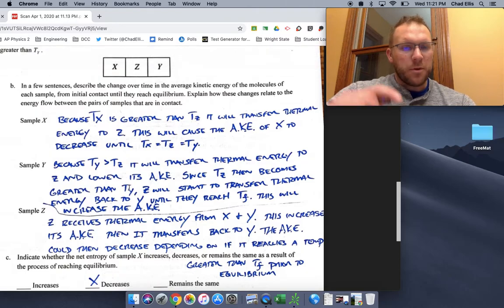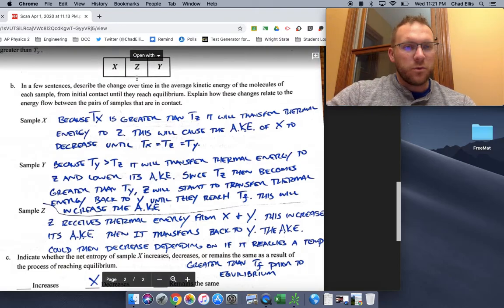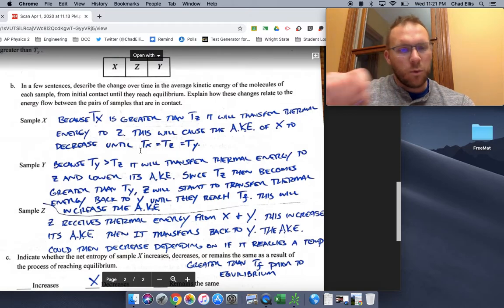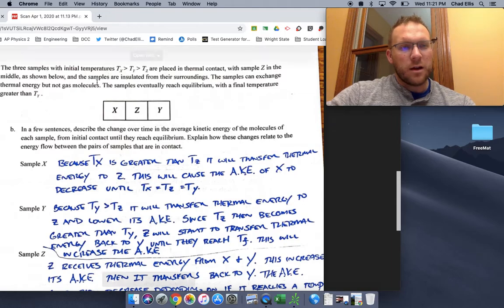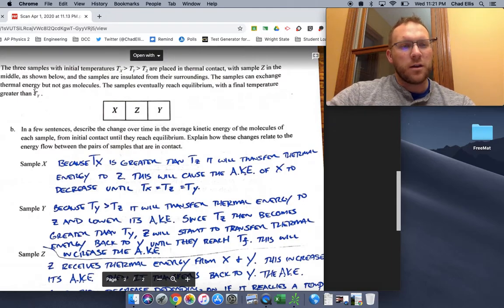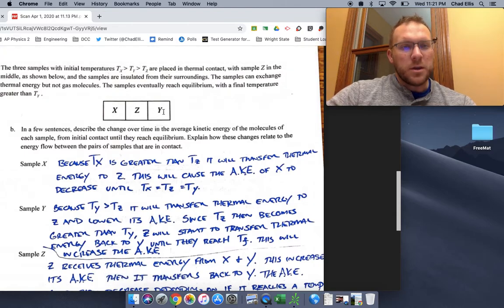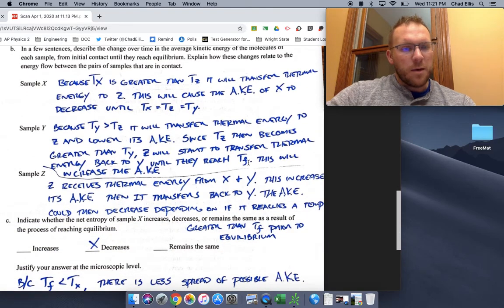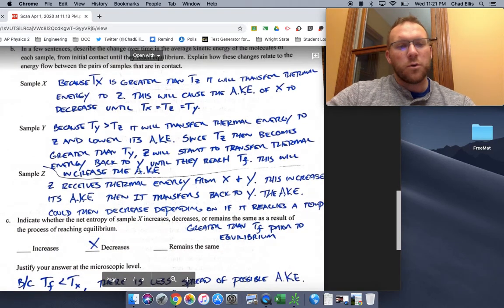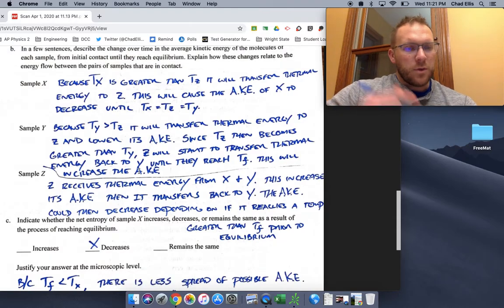Basically, what's going to happen is I predict that Z then will start transferring thermal energy back into Y because what we know is that the temperature final has to be greater than the initial temperature of Y. So Y will become a hotter substance. It's just going to take time because it's going to have to dump energy into Z and then wait for Z to dump energy back into it. So that means that the average kinetic energy will also increase again, showing that process can happen both ways.